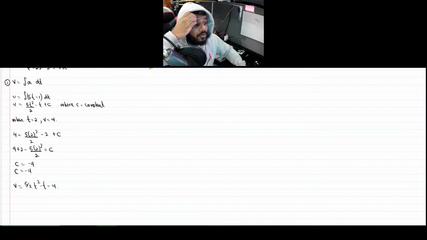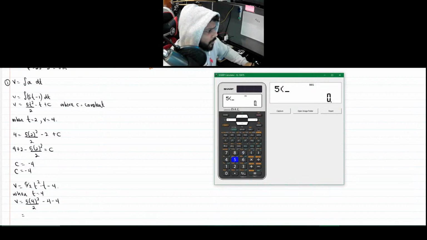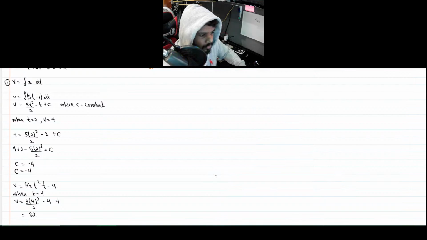So when t is equal to 4, my velocity is 5 into 4 squared over 2 minus 4 minus 4. 5 into 4 squared divided by 2 is 40, minus 4 minus 4 is 32 meters per second.